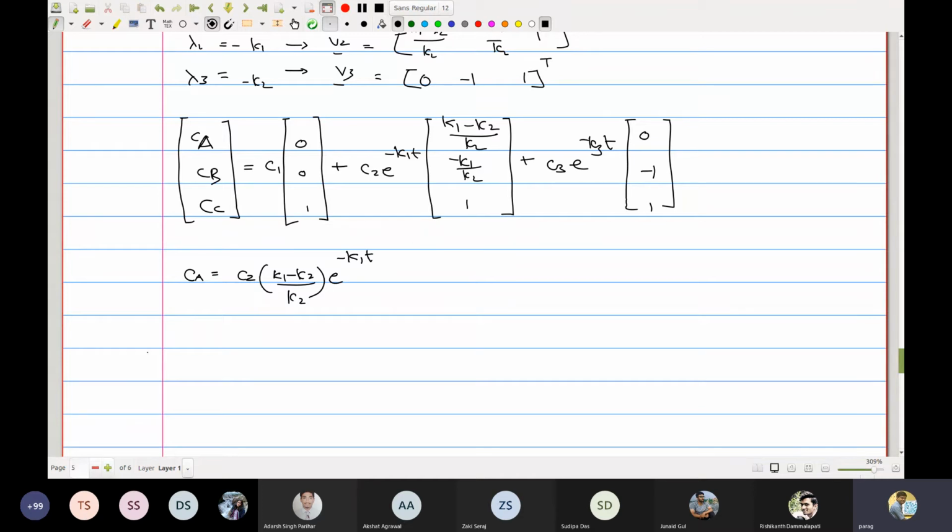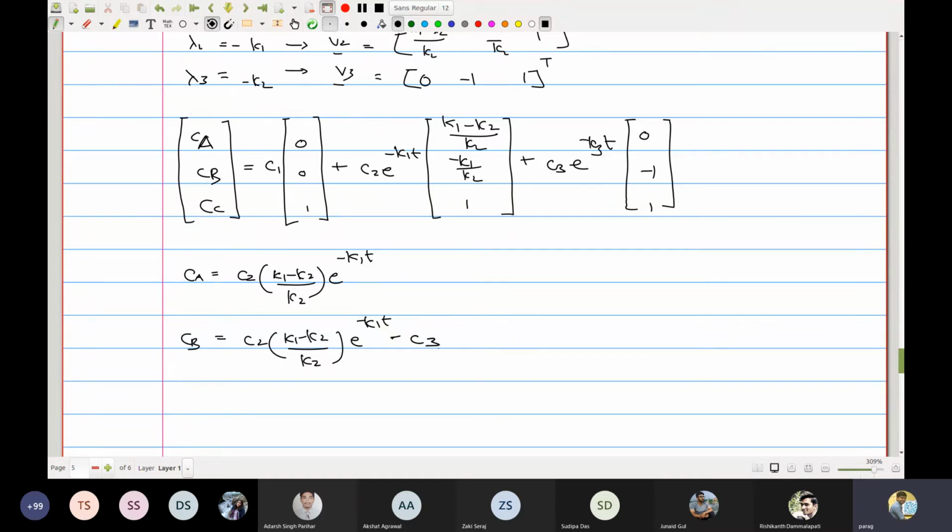This is the expression for CA. CB is, so this will become C2 (K1 minus K2) upon K2 e to the power minus K1t plus, in fact minus, but it can be plus as well because C3 can become negative.